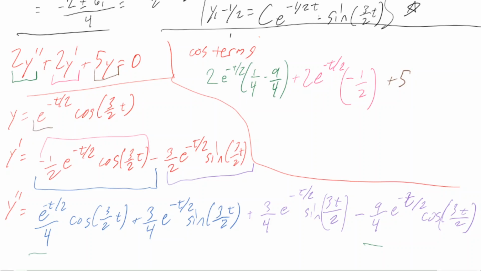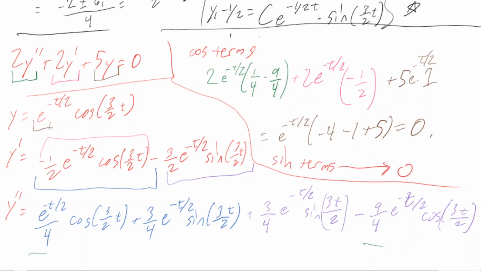So we get 5 times e to the negative t over 2 times 1. If we factor out e to the negative t over 2, we see that it's just 4 minus 1 plus 5, which is 0. So all the cosine terms cancel out. I highly suggest pausing and working out the sine terms as well and showing that they all cancel out. And this indeed does solve the ordinary differential equation.